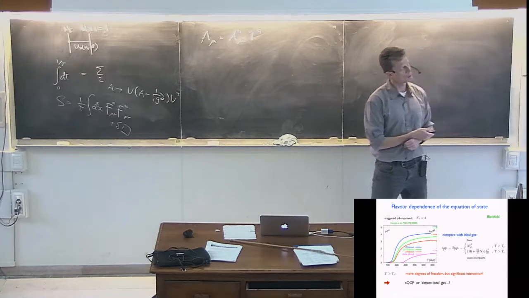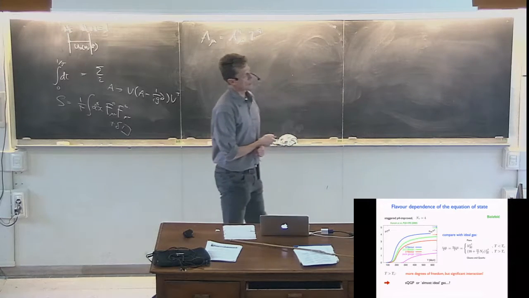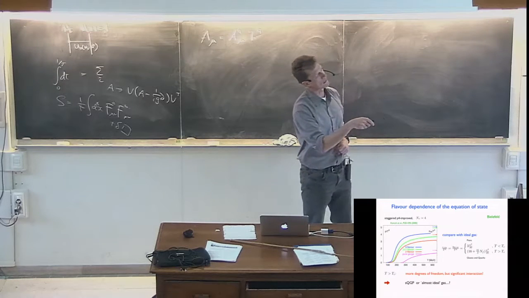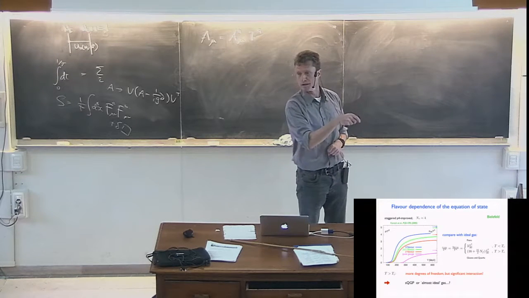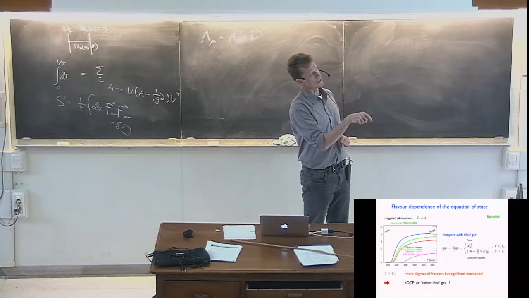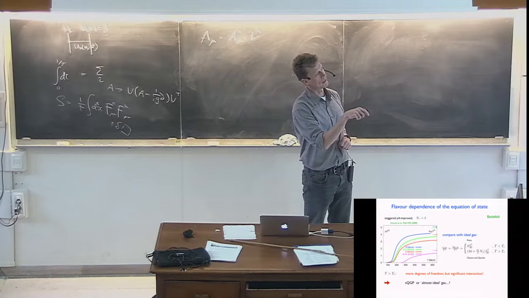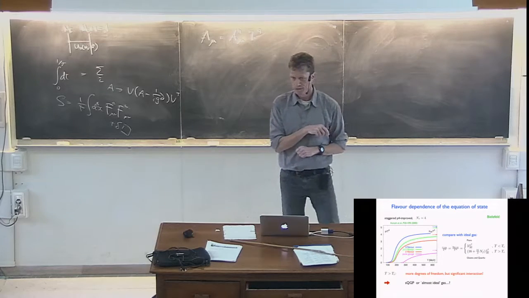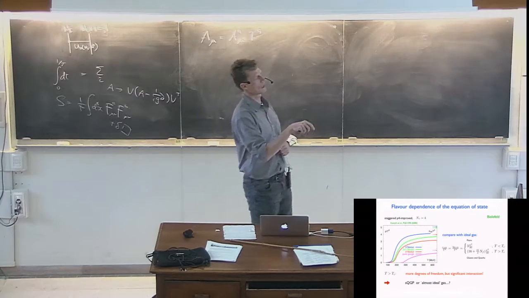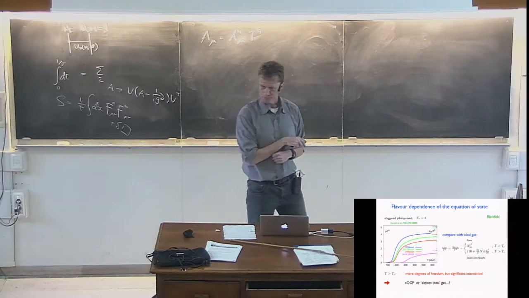So the pressure goes up, and now comes the sociology part. This is quite amusing. So the arrows here give you the Stefan-Boltzmann limit of a free gas. So if you had a free gas of quarks and gluons, you would end up at the position of the arrows. And what you can see is at a temperature of 600 MeV, we are quite far from the arrows.